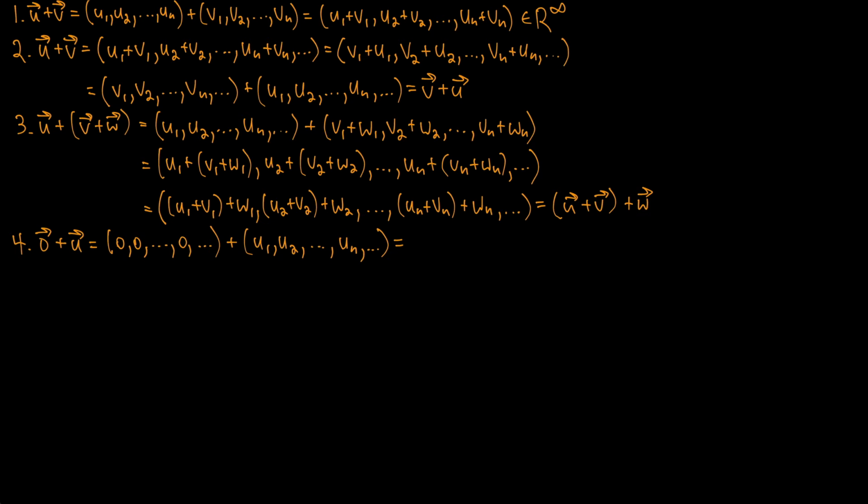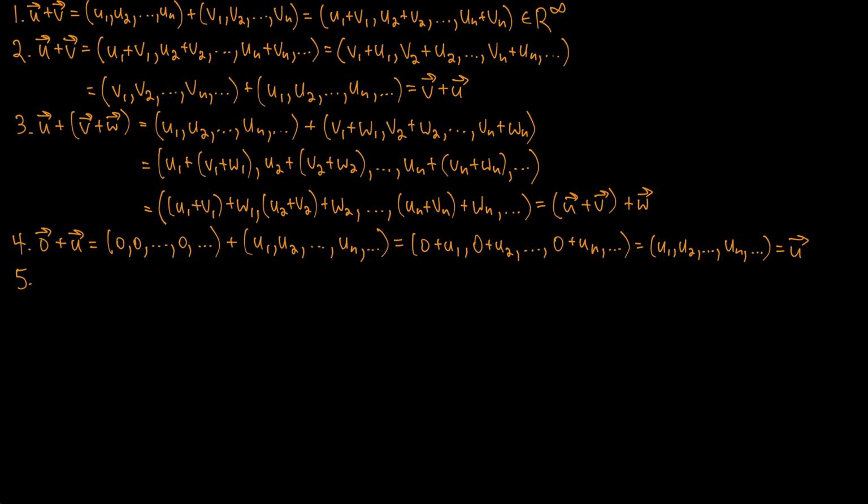So we get 0 plus u1, 0 plus u2, 0 plus un, etc. And 0 plus each of those, using properties of real numbers, is just u1, u2, un, which is u. Okay, good. So we have our 0 vector as desired.